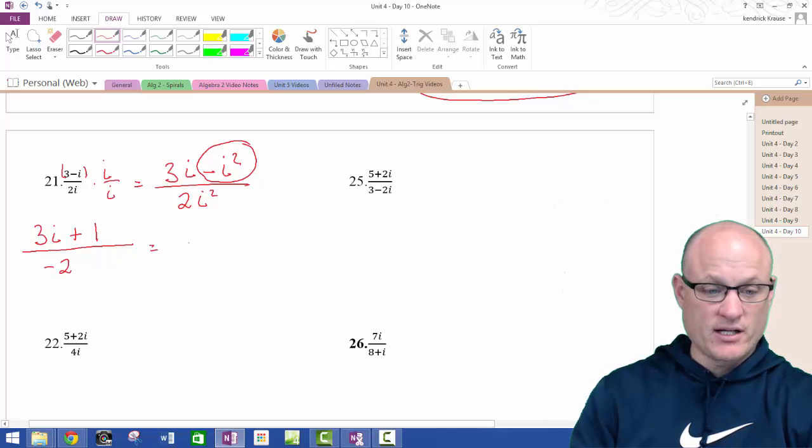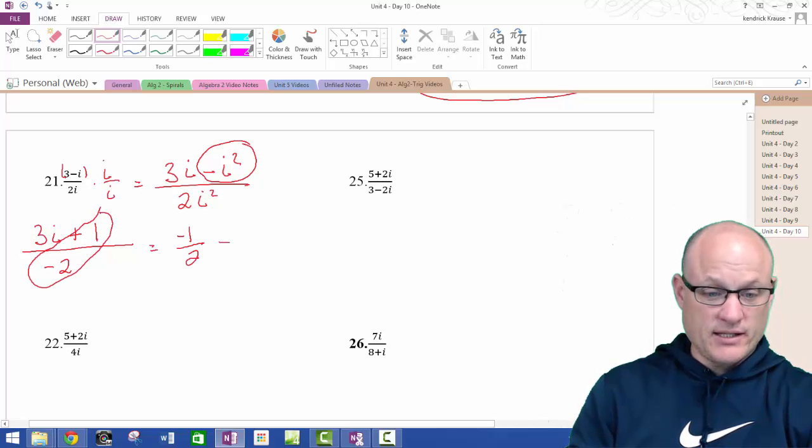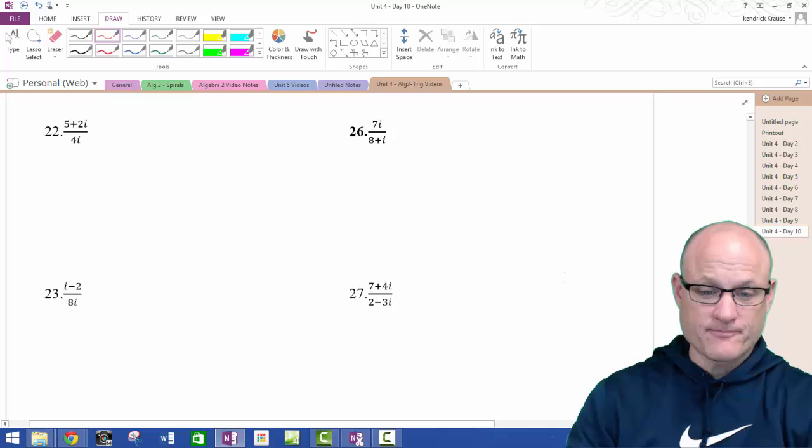So my final answer should be negative 1/2, that's this part, minus 3i over 2. Never leave a negative in the denominator, never leave an imaginary number in the denominator, never leave a radical in the denominator.